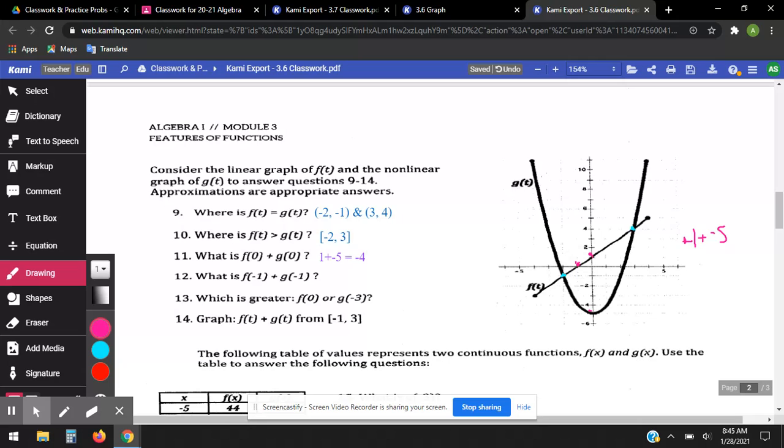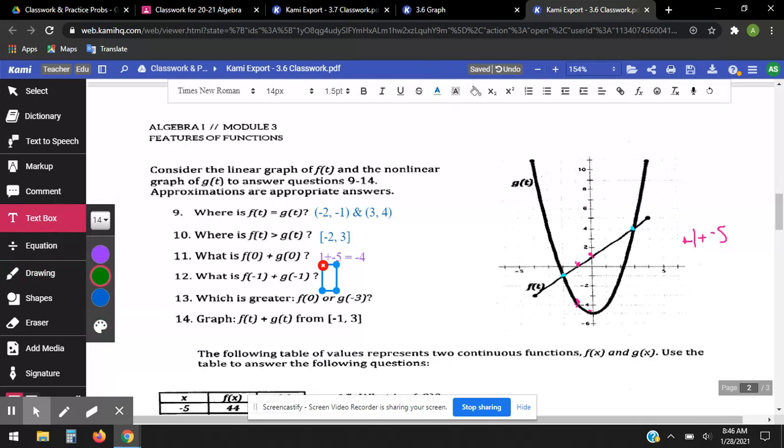And g of -1 is about -4. So f of -1 was 0, and we're going to add to that g of -1, which was -4, and that would equal -4.